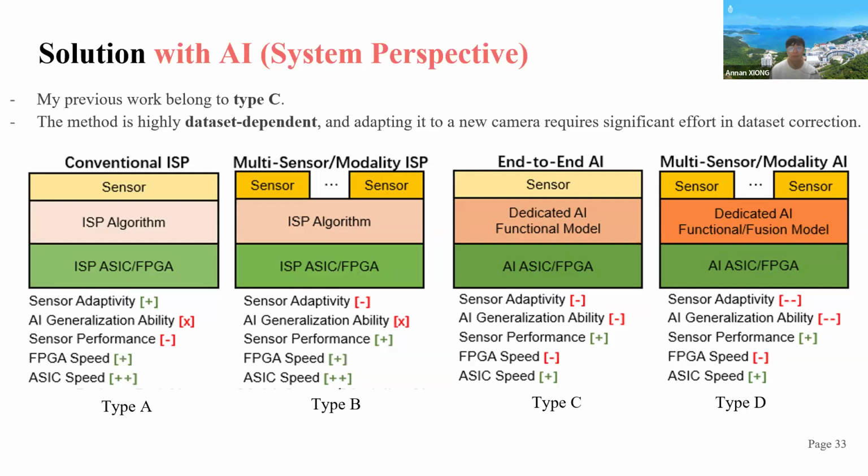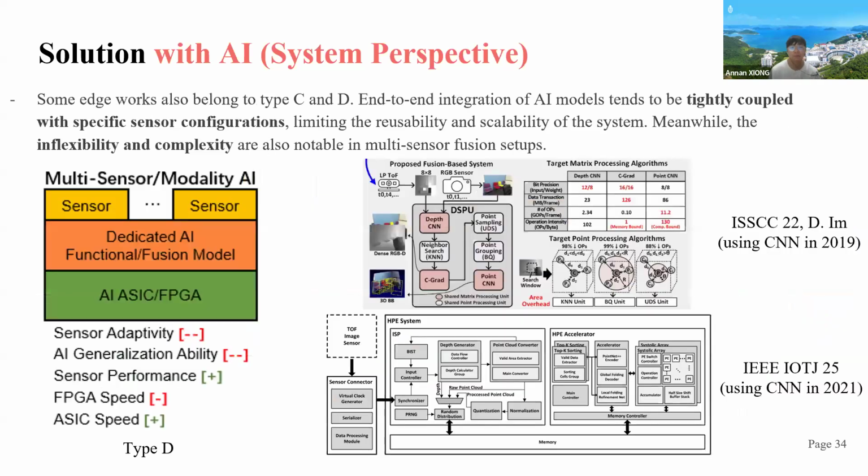I have to say, if I adapt it to a new camera, it will require significant effort in dataset corrections to achieve my previous result. Some edge works also belong to Type C and Type D. End-to-end integration of AI models tends to be tightly coupled with specific sensor configurations, limiting the reusability and scalability of the system. Meanwhile, the inflexibility and complexity are also notable for the multi-sensor fusion setup.